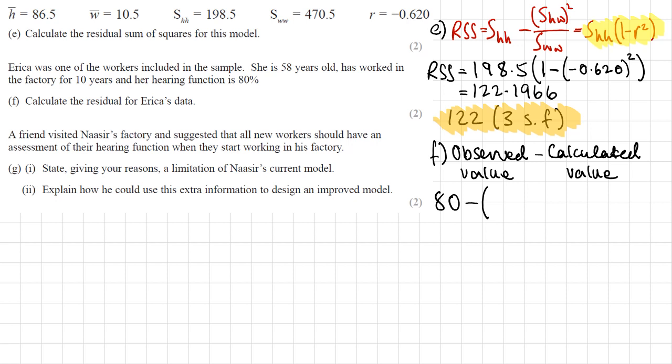Just as a reminder, the formula that we had from part C was H is equal to 90.7 minus 0.403W. So we'll have in brackets 90.7, this is going to be our calculated value, minus 0.403, and Erica's been at the factory for 10 years.